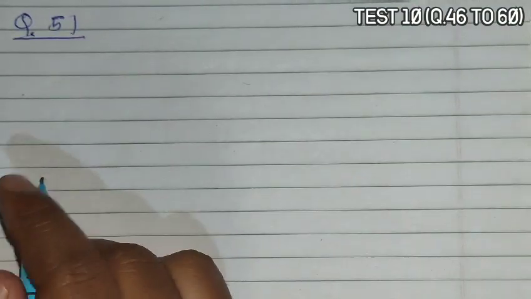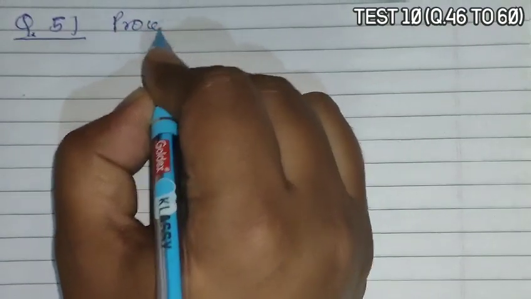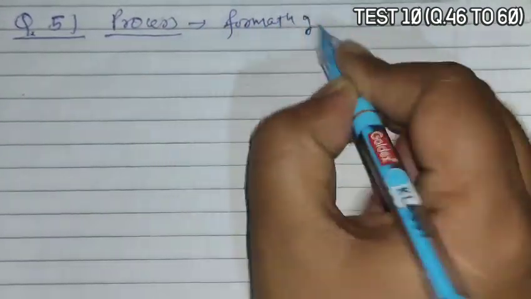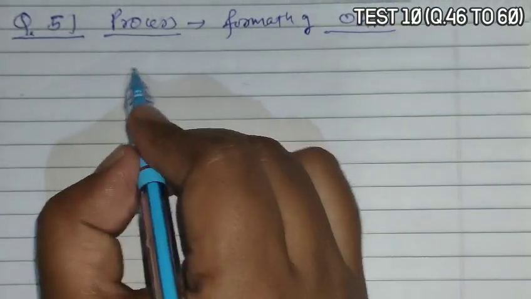Question 51 asks which process is required for the formation of oxaloacetic acid from phosphoenol pyruvate.